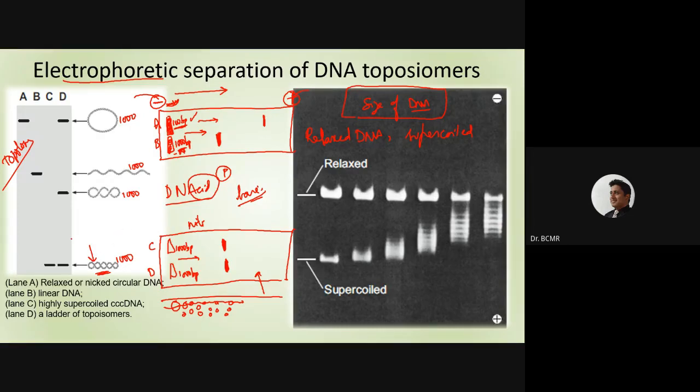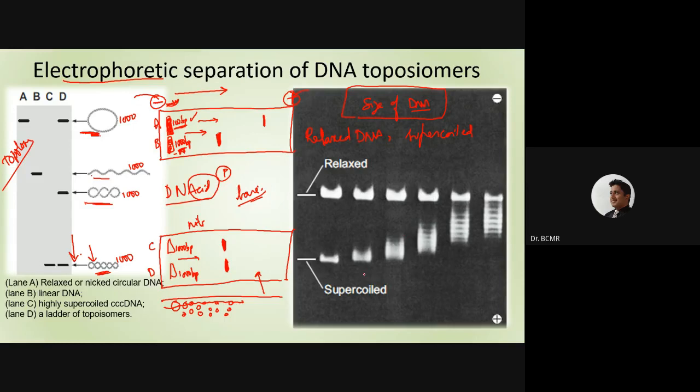So supercoiled DNA moves faster than less supercoiled one. Then comes the linear one, then comes the relaxed one. So for some reason, the linear one travels faster than the relaxed DNA.